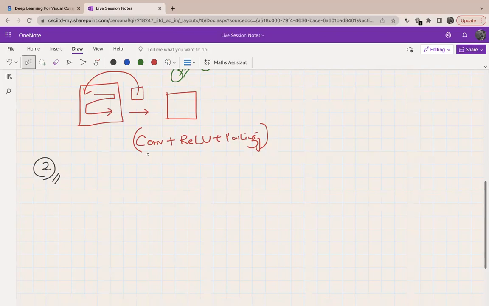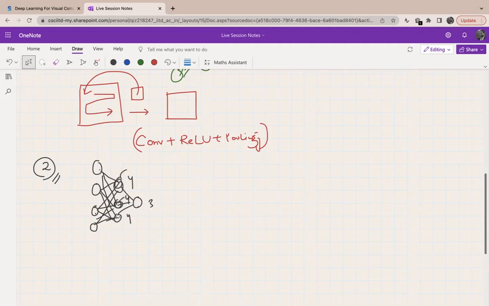Let's say there is a neural network with an input layer of size 4, a hidden layer of size 3, and an output layer of size 1. If I connect every node to every node in the next layer, for this there will be 4, for this again 4, for this 4, and again for this 3.